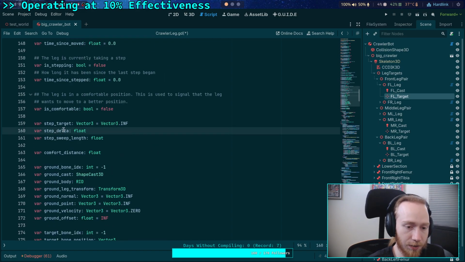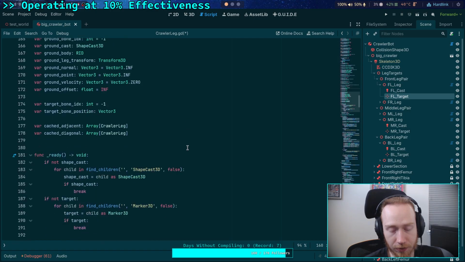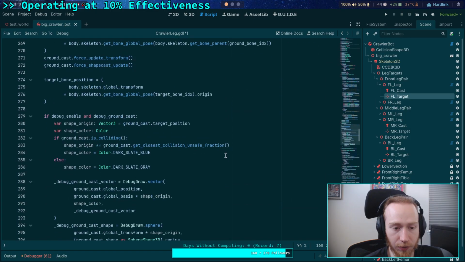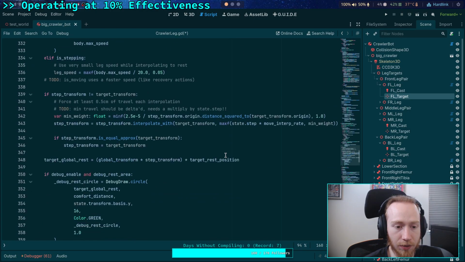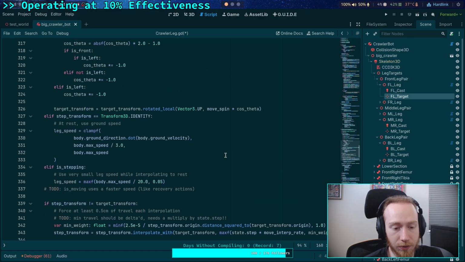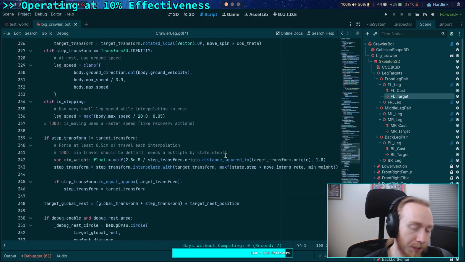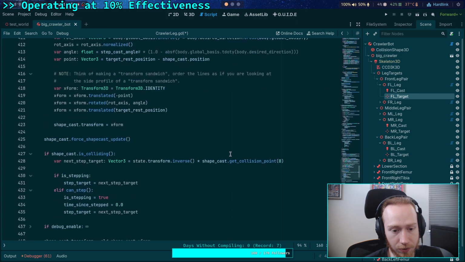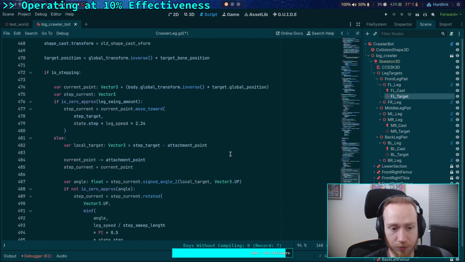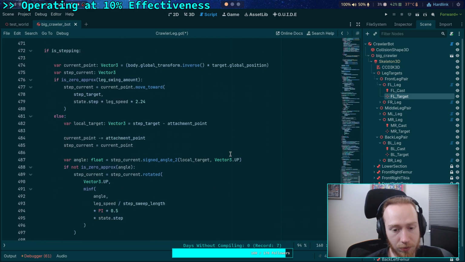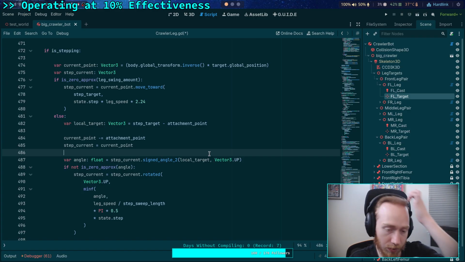I guess I'll do that. I guess I'll say step angle delta. And I can write that, but then I have to do 2 angles, which I don't really want to do. It's kind of annoying.